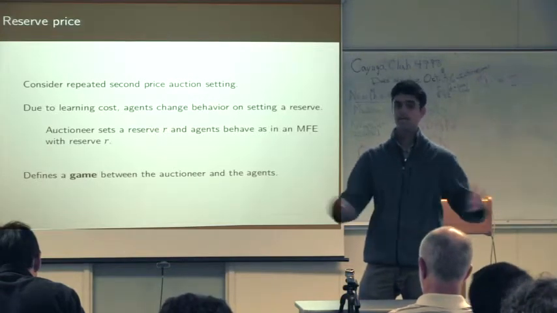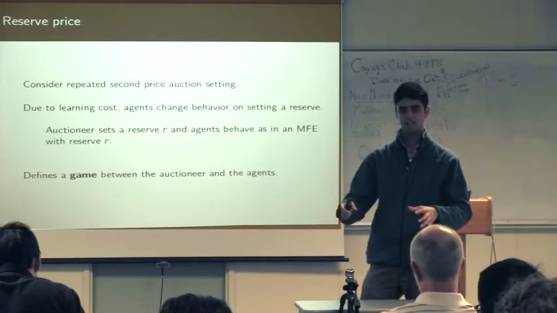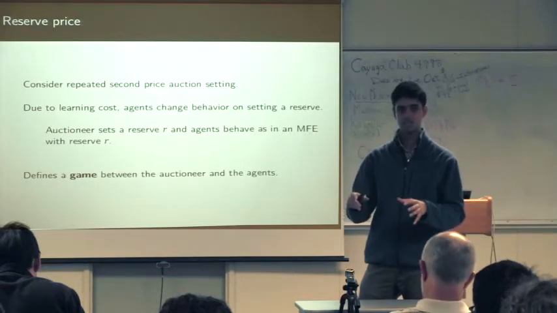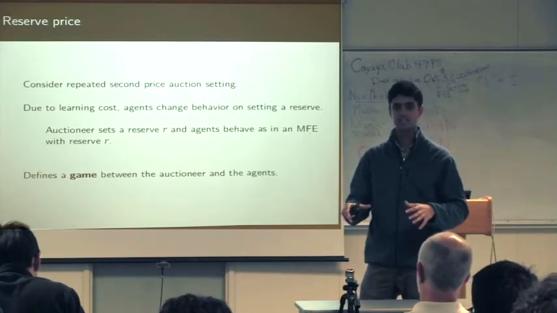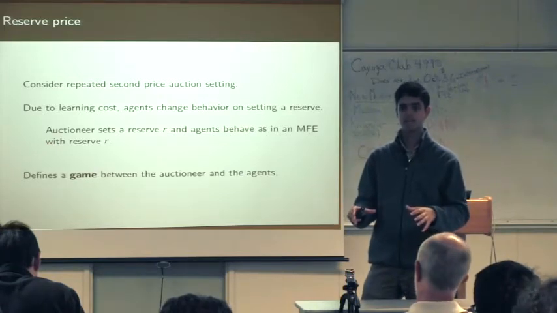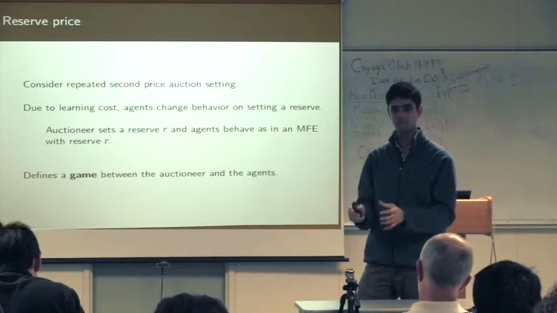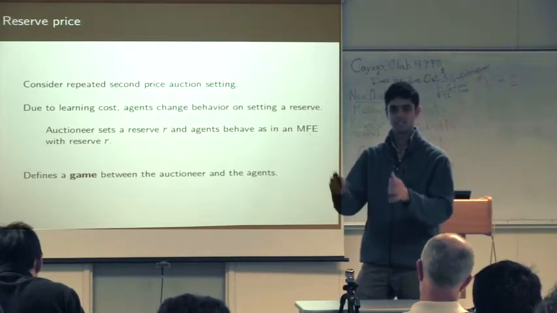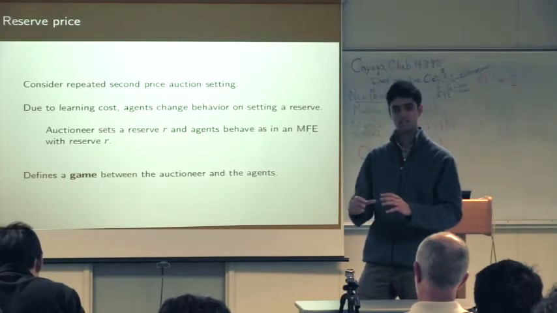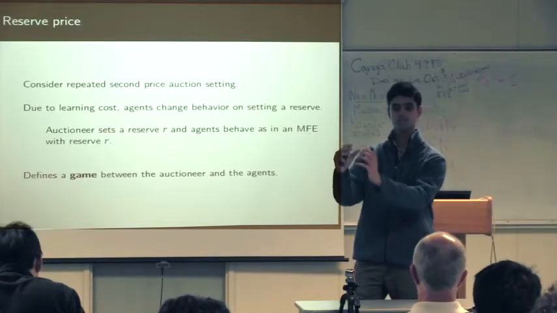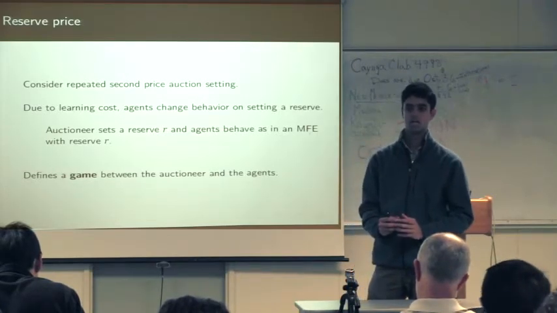There is another way you can analyze this. There are some papers that look at some auctions where, for a finite market, you compute the equilibrium, like a perfect Bayesian equilibrium or a rational expectations equilibrium, and you show that these equilibria converge to the equilibria of the infinite market. That's a much harder problem.